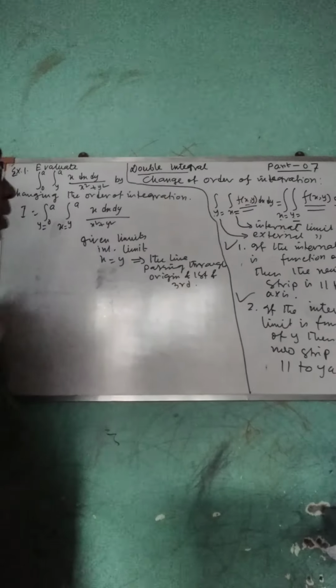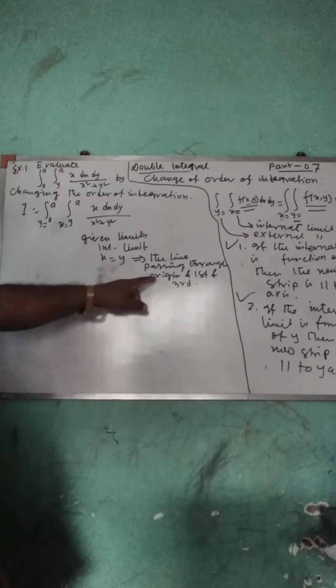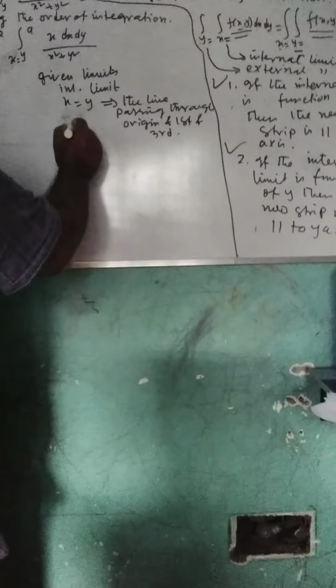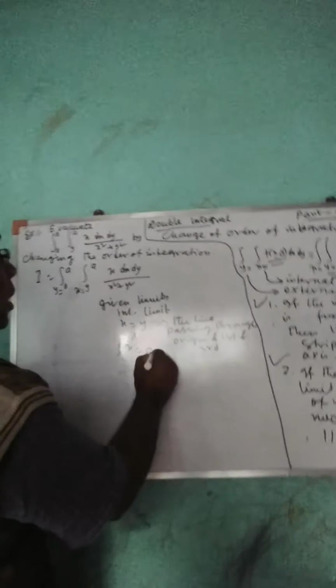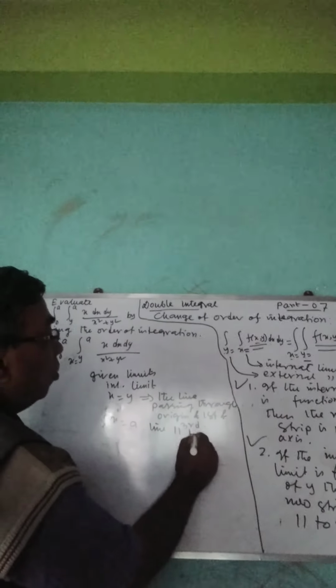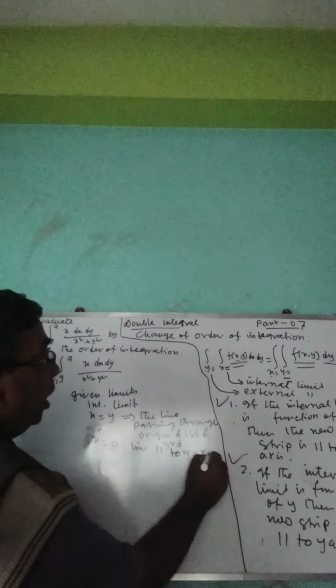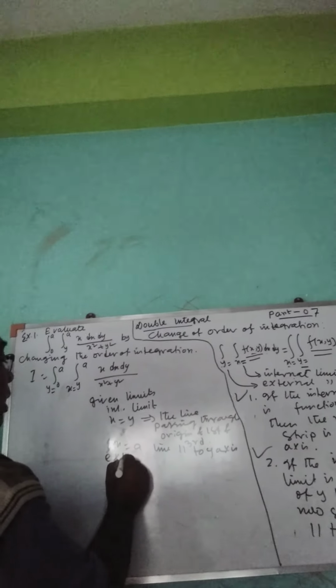And x equal to a means the line parallel to the y-axis.